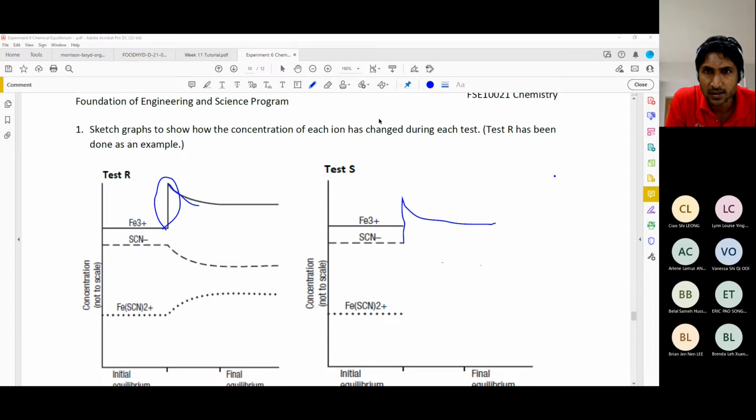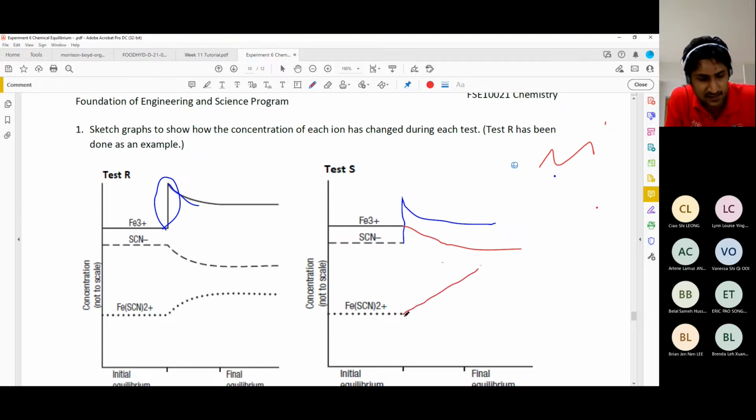Iron started to decrease from that side. Iron did not increase in that position. Now the iron thiocyanate, what is the product? It started to increase slowly in the solution.